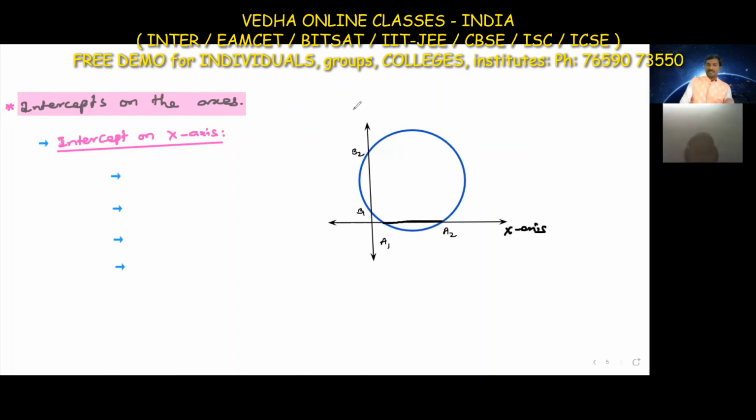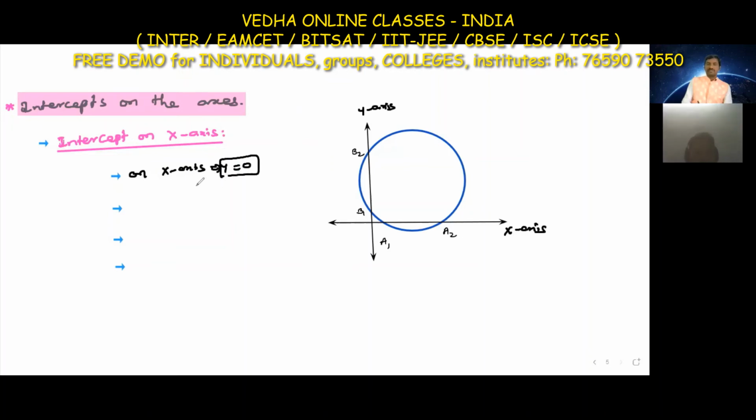And this is the y-axis, and this is the intercept on the y-axis. To find the intercept on the x-axis, on the x-axis the y coordinate is 0.